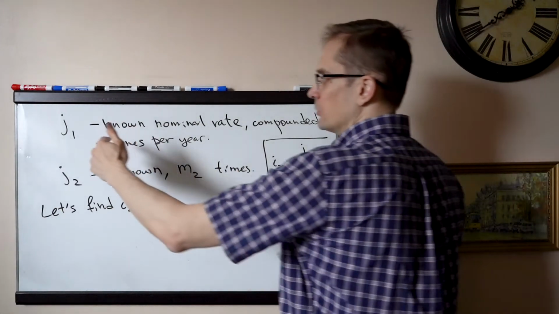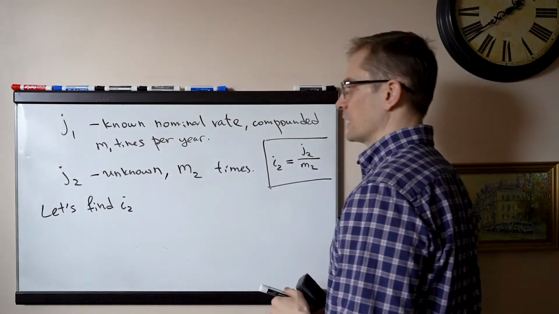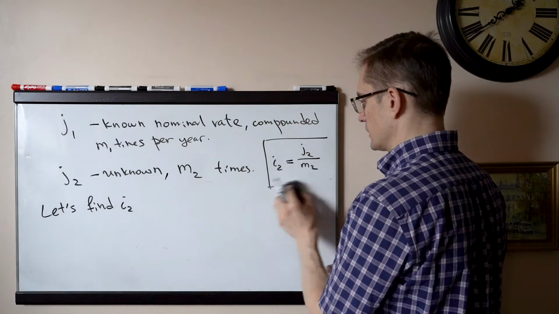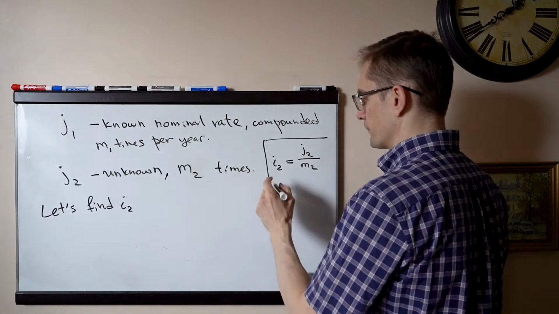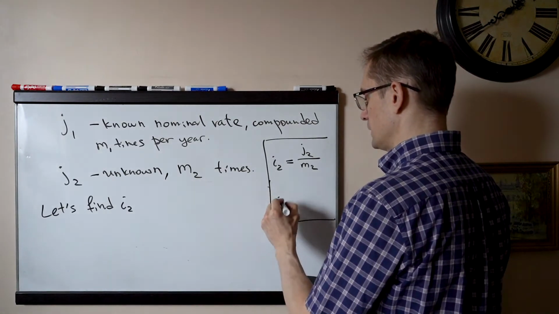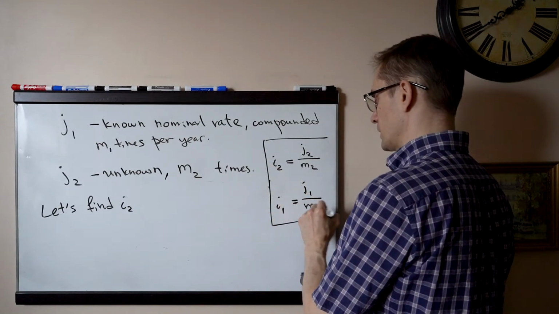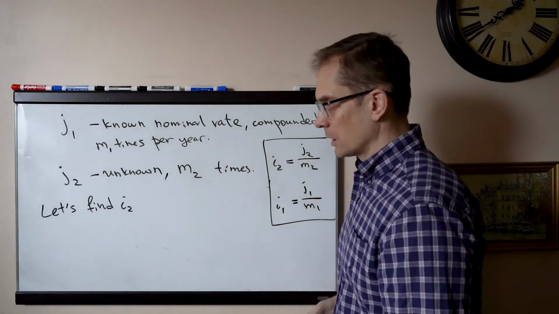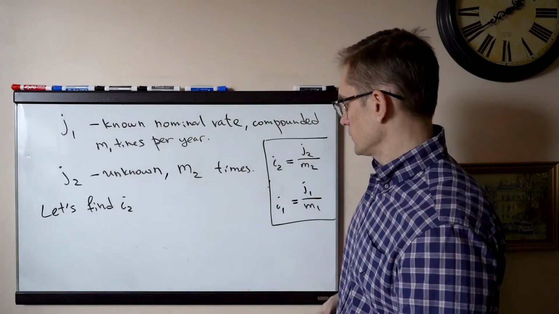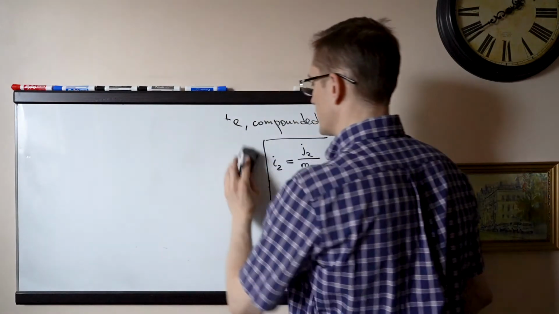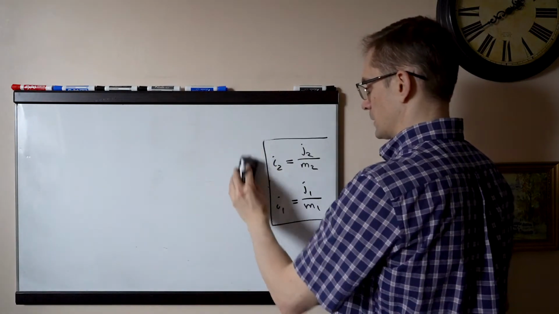Now, I1 will correspond to J1, so maybe I should also remind you of this fact here: I1 is going to be J1 divided by M1. So in order for me to build an equation, now I can erase this because you can keep this in mind. Okay.